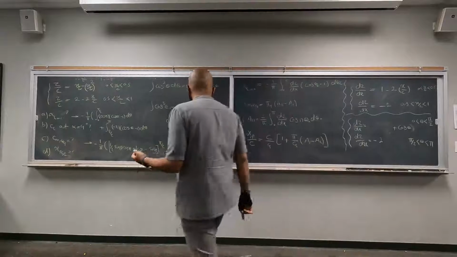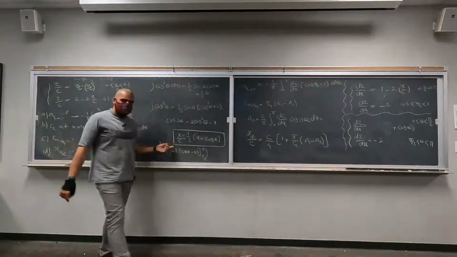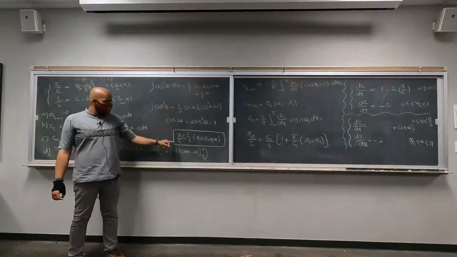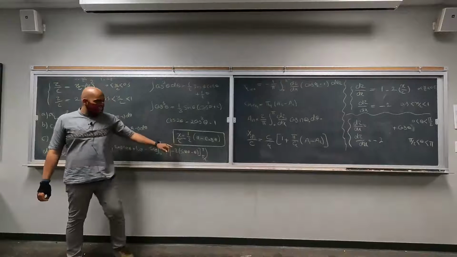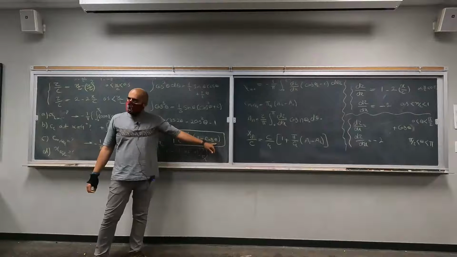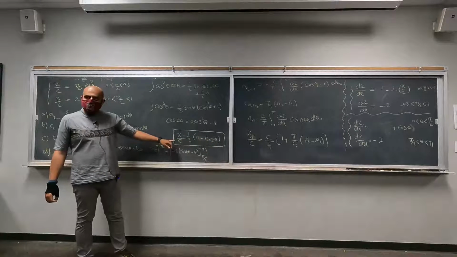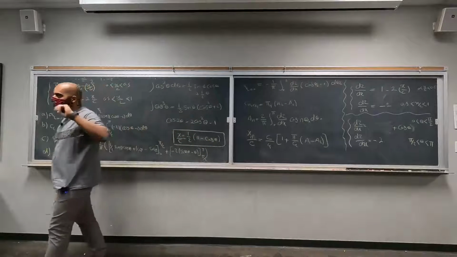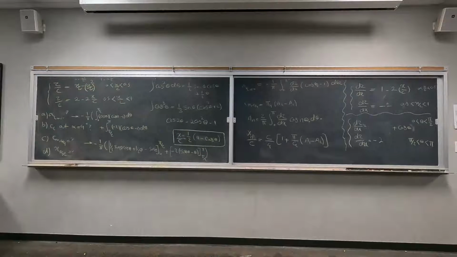So look at this conversion, right? This x over c changes from 0 to 1, right? Put 0 here, your theta is going to be 0. If you put 1 here, your theta is going to be pi. Okay?